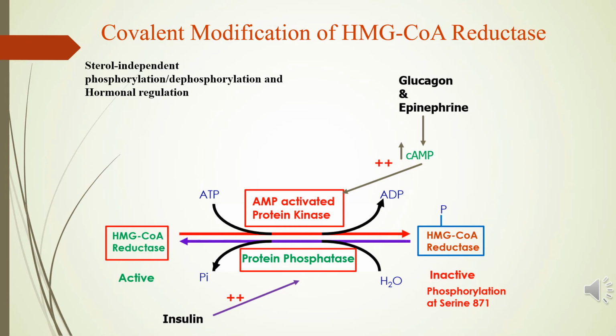This is achieved by a protein phosphatase that is activated by insulin, whereas it is inactivated by phosphorylation by a protein kinase, which is activated by the hormone glucagon during fasting and starvation. And hence, this explains the role of fasting in down-regulating enzyme activity and cholesterol level reduction.